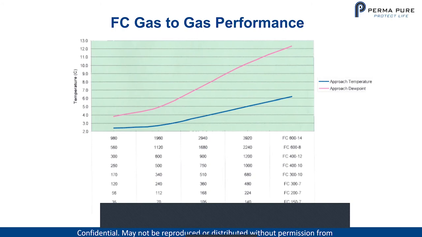Okay, that's your source humidity gas stream, and the resultant humidified gas, or your resultant gas stream. And so these numbers represent the difference.